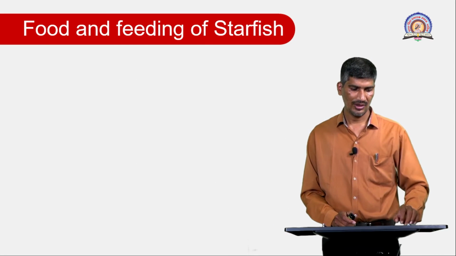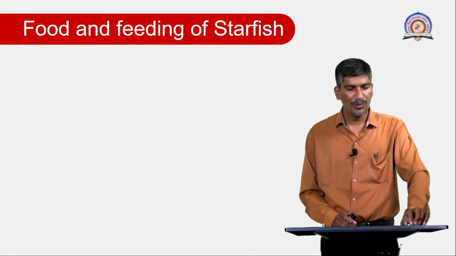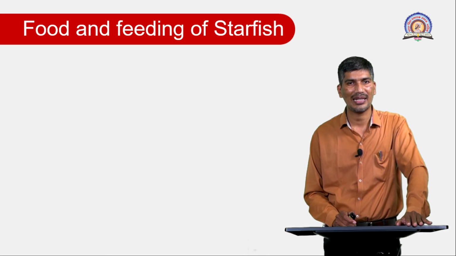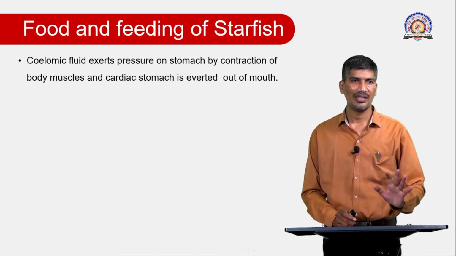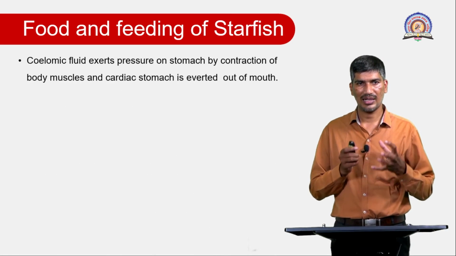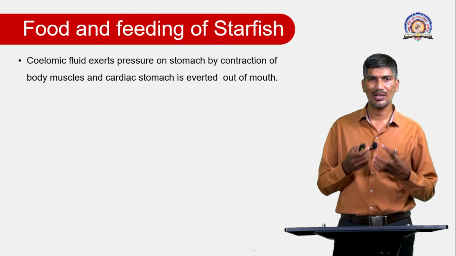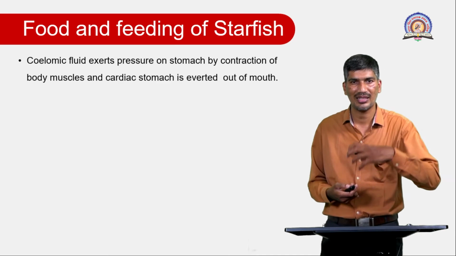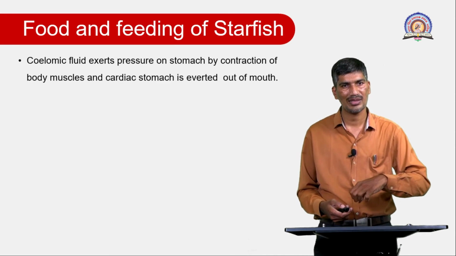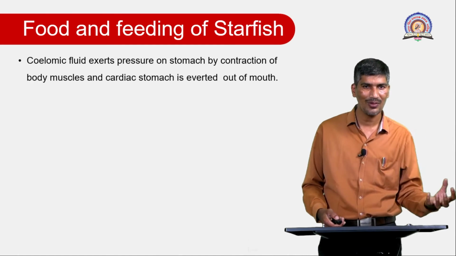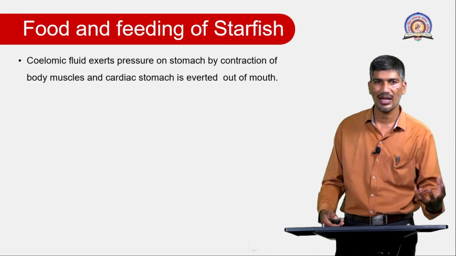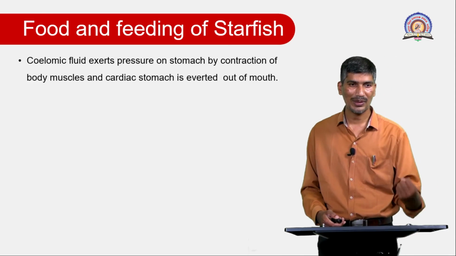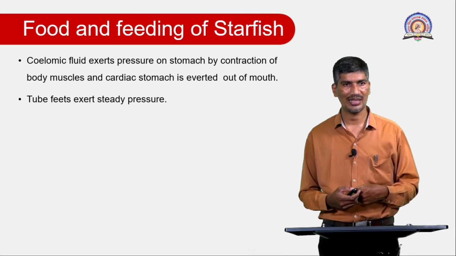body. Okay, then how does the food and feeding mechanism take place in the starfish body? The coelomic fluid consists of the body, and the coelomic fluid applies pressure on the stomach, and the stomach contracts with the body muscles, and the cardiac stomach is everted, cramped to the mouth to grab the food material, and then drawn inside the body.